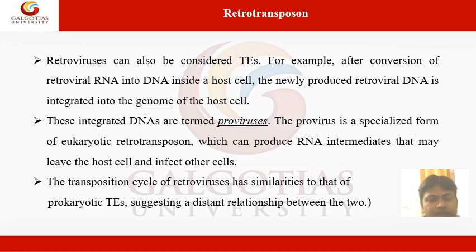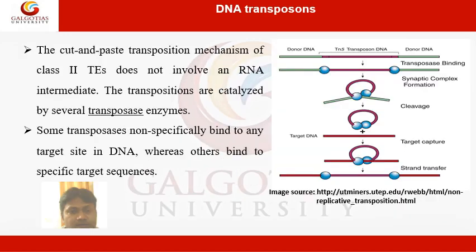The provirus is a specialized form of the eukaryotic retrotransposons which can produce an RNA intermediate that may leave the host cell and infect other cells. The transposition cycle of the retroviruses has similarity to that of the prokaryotic TEs, suggesting a distinct relationship between the two types of genomes or organisms.